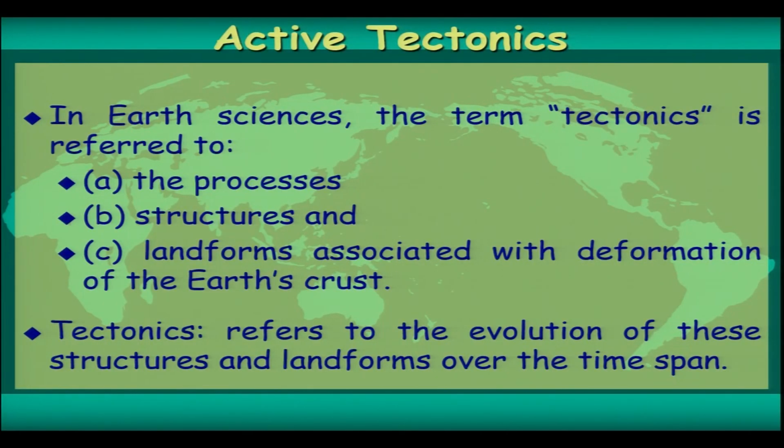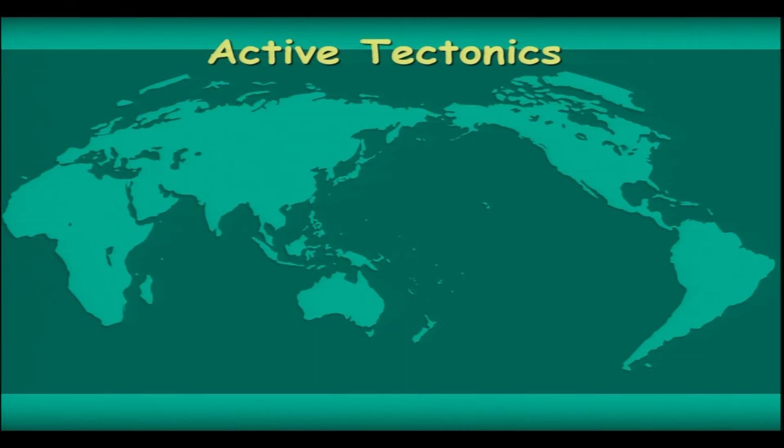These are the different ranges which developed over a large span of time, and these are the results of the ongoing deformation. So, tectonic deformation refers to the evolution of the structures and associated landforms.